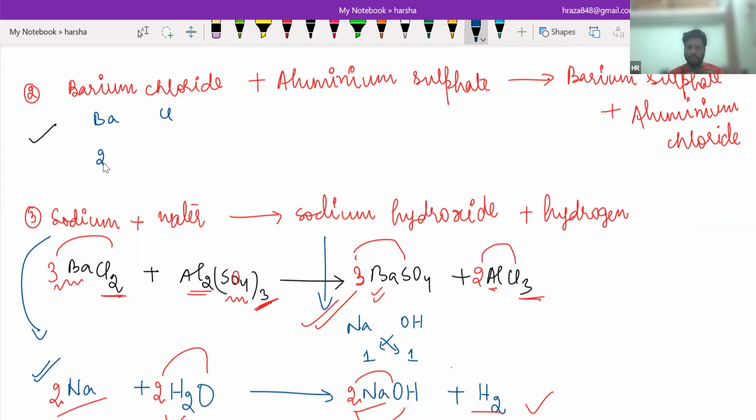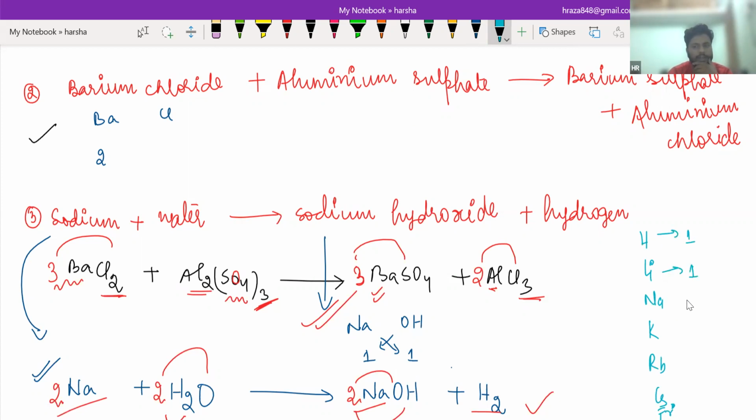And you know what is a good thing about it? In a group, all the elements have the same valence electrons. Are you getting my point? If you see here, hydrogen, just below it lithium, sodium, potassium, rubidium, cesium, francium. All have valency 1.